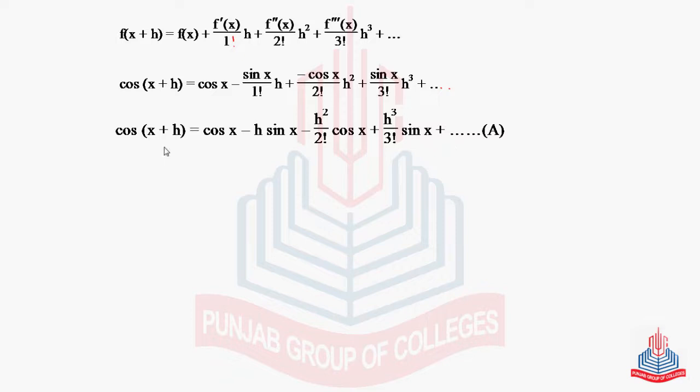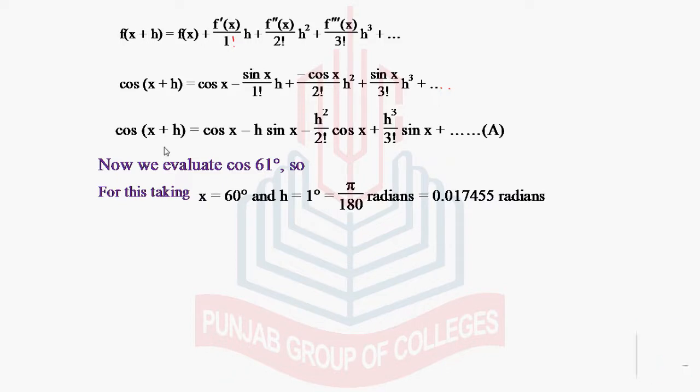Now we will move towards calculating the value of cos 61 degree. Now we evaluate cos of 61. For this, taking x equal to 60 degree and h equal to 1 degree, and 1 degree can be converted into radian form.